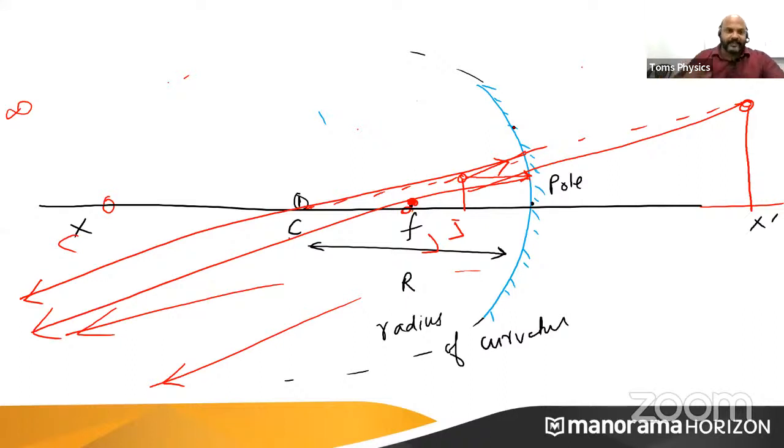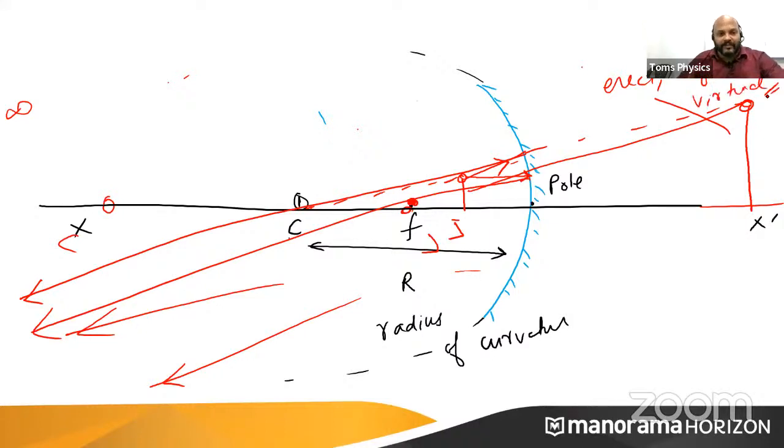Erect, right? It is right side up. Is it bigger or smaller than the object? Magnified, very good. So this is erect, this is magnified, and this is virtual.